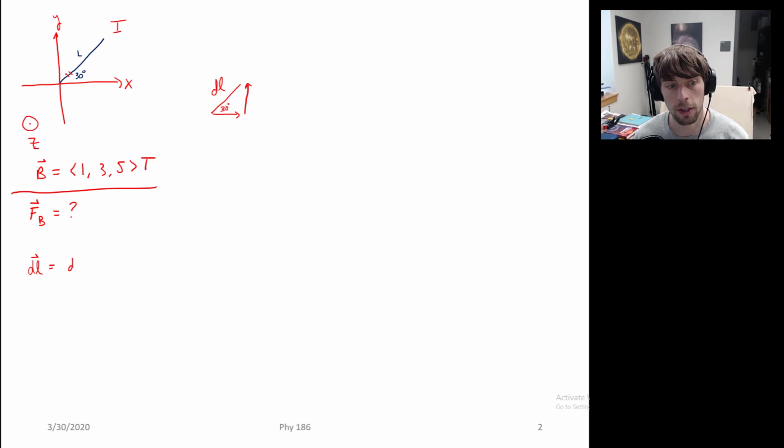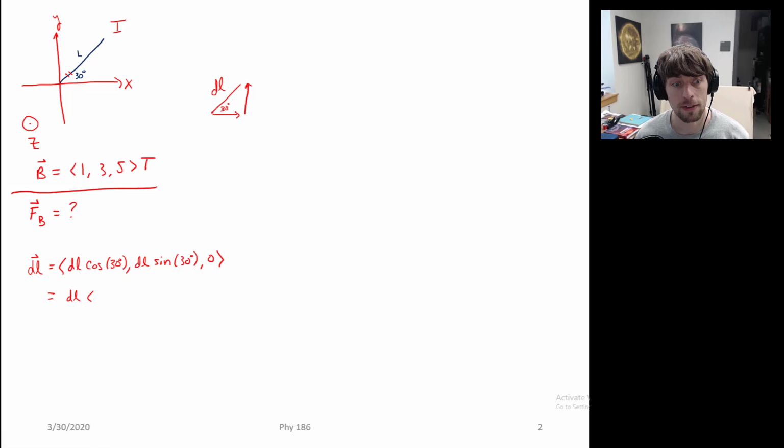Good. Well, I've gone a step dl cosine of 30 degrees in the x direction. We've gone a step of dl sine of 30 degrees in y, and 0 in z. Okay, so I'll say dl times cosine of 30, 30, 60, 90.